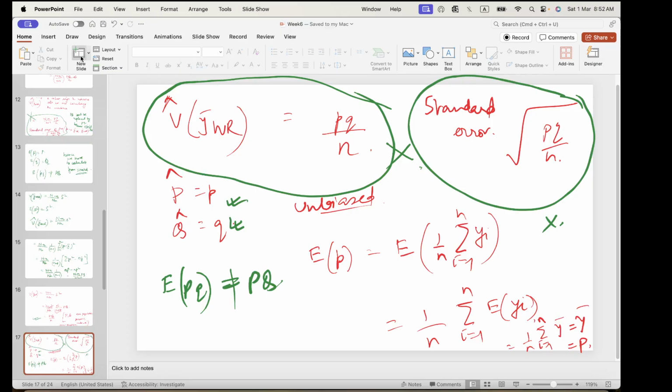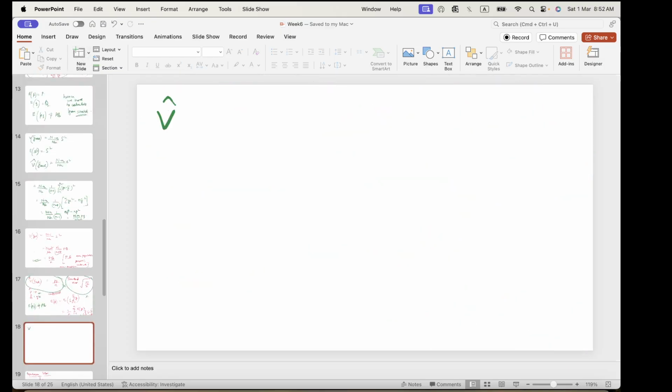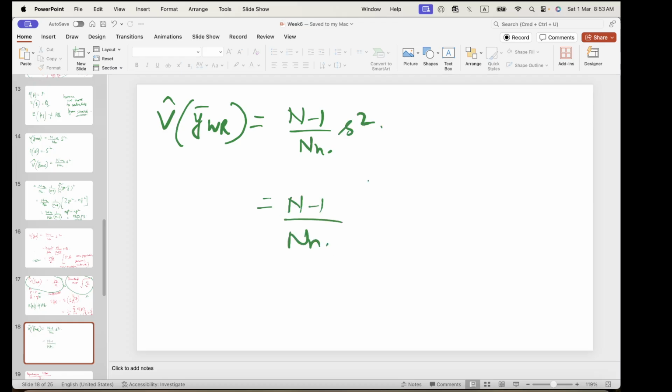So what is the correct thing to do then? Same thing, V hat y bar WR is actually equal to (n minus 1) by n n small s square. That would be (n minus 1) by n n, 1 by n summation yi square minus y bar square.